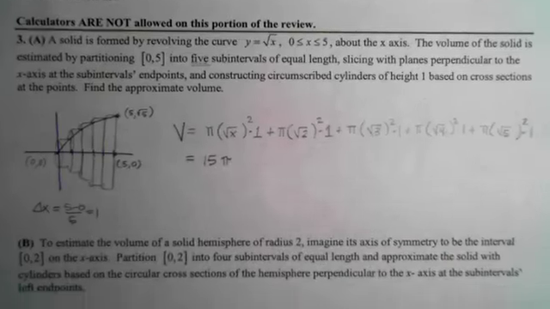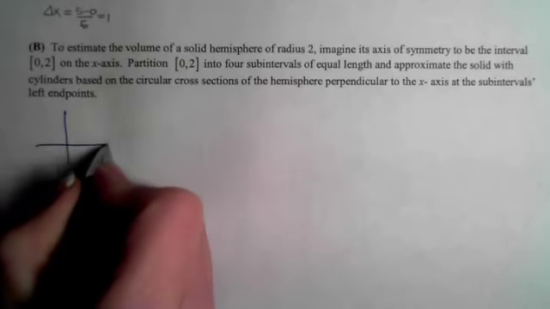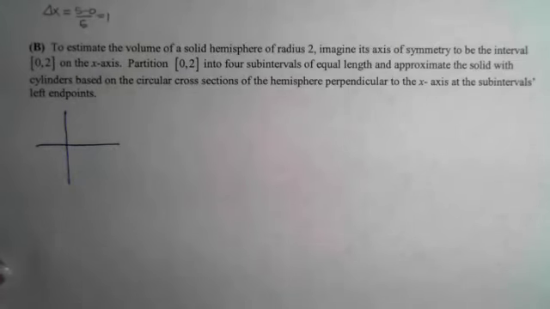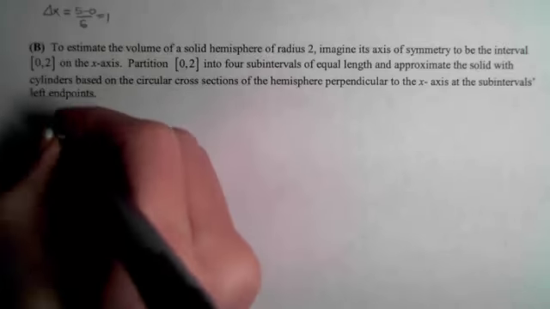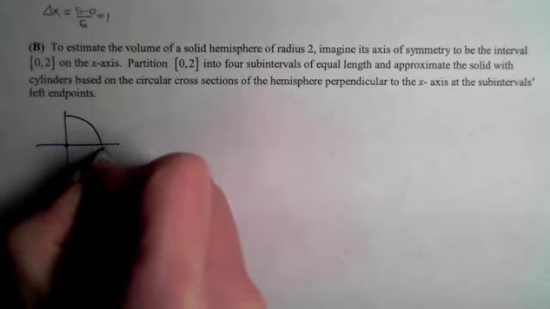Now part B works the same way. To estimate, we want to partition into 4, and this time we want to do the left endpoint, so they actually tell us which ones to use instead of just saying circumscribed or inscribed. I've got a solid hemisphere of radius 2, so I'm going to have a quarter of a circle that's being rotated around, and we go out to 2.